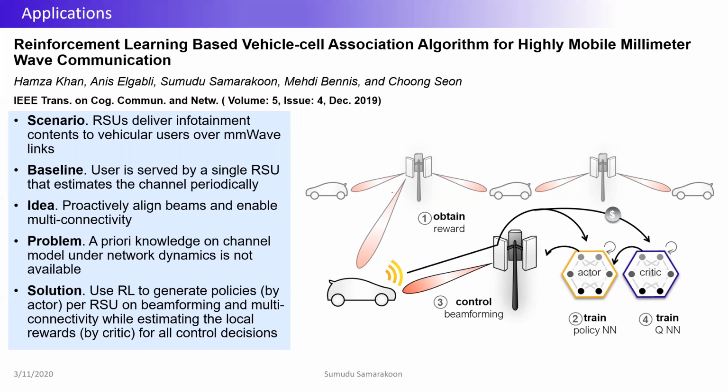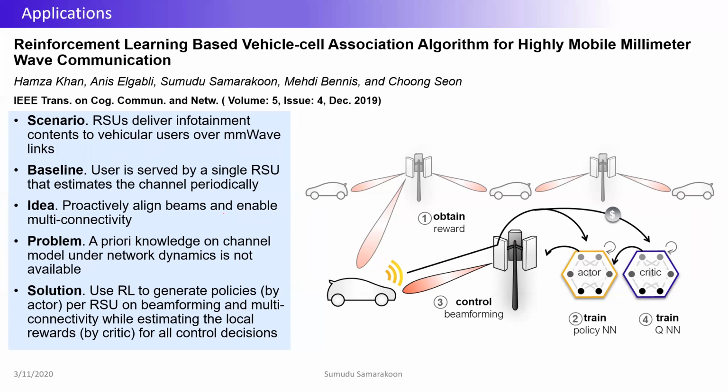The baseline is to serve these users by a single roadside unit that needs to estimate the channels in a periodical manner, and based on that, it can serve several vehicles.